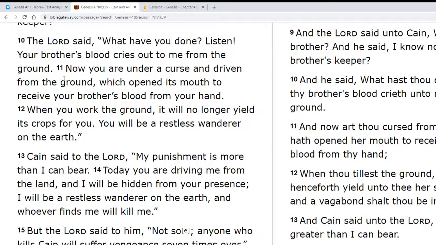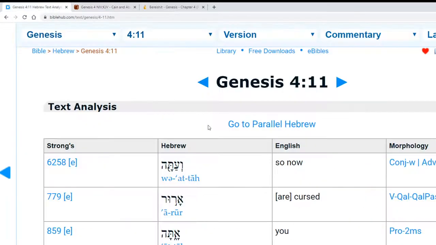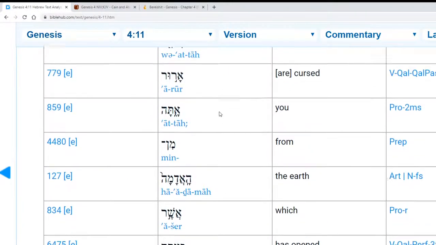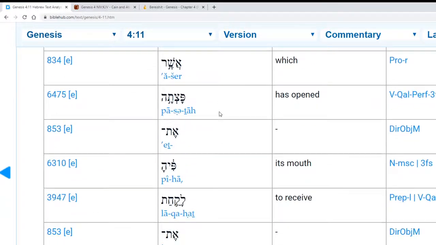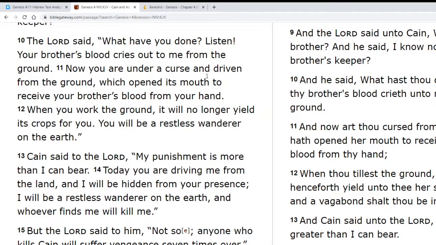So they're translating Arata min ha'adama asher patzta et piha. I'm not sure why they say and driven from the ground. I'm not exactly sure where they're getting their words here. Which opened its mouth to receive your brother's blood from your hand.